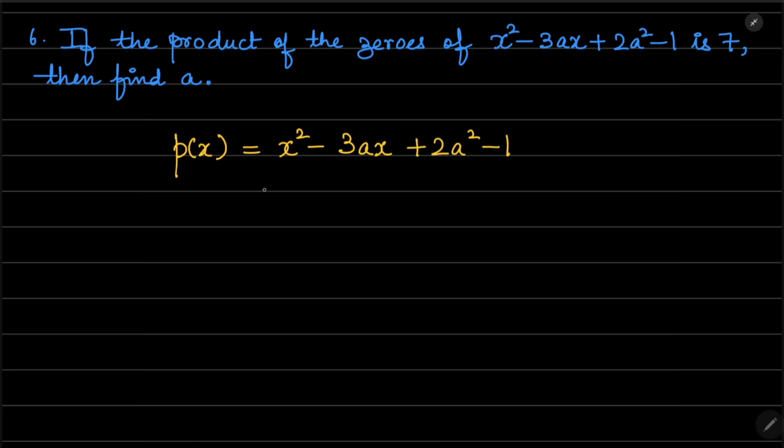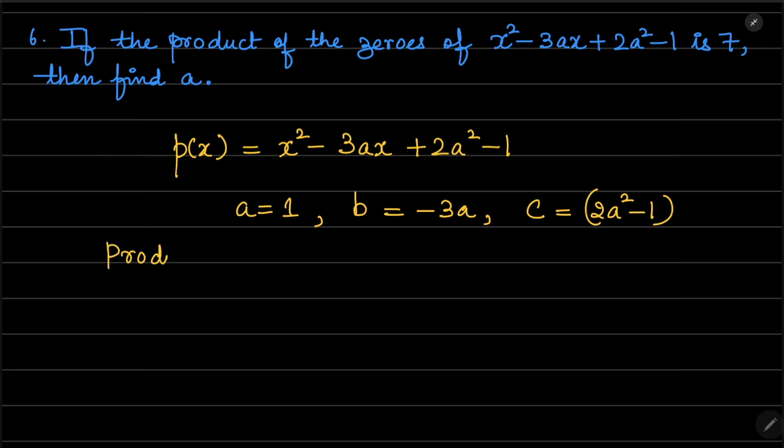So what is your coefficient? Your a is nothing but 1. What is your b? The coefficient of x, that is minus 3a. And what is your c? 2a square minus 1.